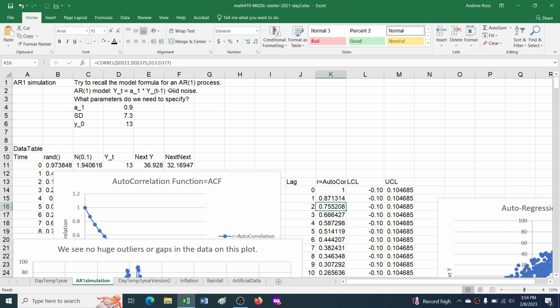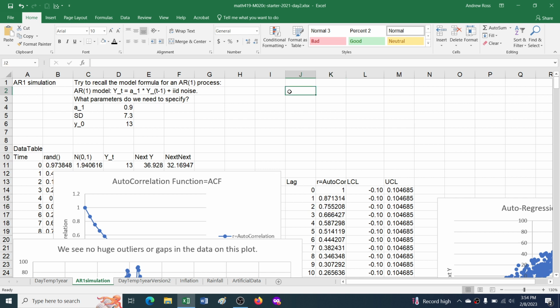It's not like there's a y of t minus 2 in our model, so we might kind of expect the autocorrelation at lag 2 to be 0, because we aren't saying today depends on 2 days ago directly. But in our model, today depends on yesterday, which depends on the day before, so you could expect some correlation to kind of carry through in the meantime. And that's actually what's happening here.